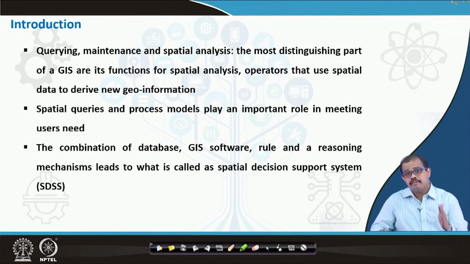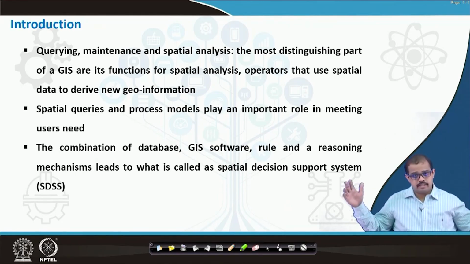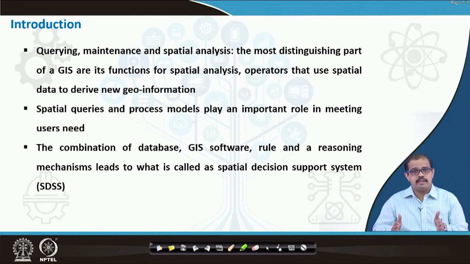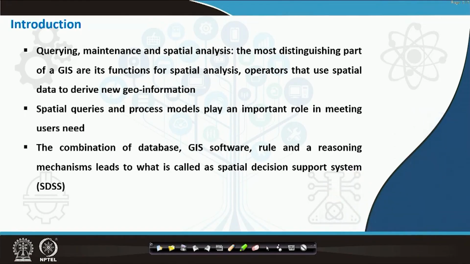That's how it is different from the static functions that you may find in other kinds of systems. It contains all three in it. It starts with querying, it starts with maintenance, it also ends with spatial analysis and output of data. But no other system comparable to GIS has all three parts together.